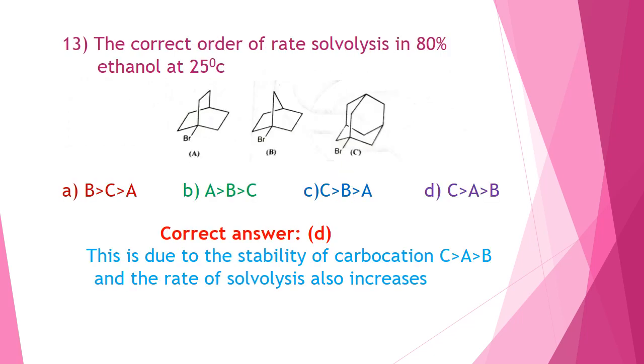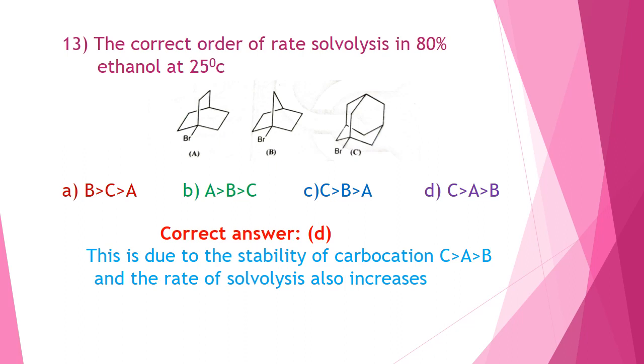Question number 13. The correct order of rate of solvolysis in 80% ethanol at 25 degrees C. Three compounds are given, A, B, C. You know very well the rate of solvolysis mainly depends upon the intermediate during the course of the reaction. Here the leaving group is the same. If the leaving group is removed, a carbocation is formed.